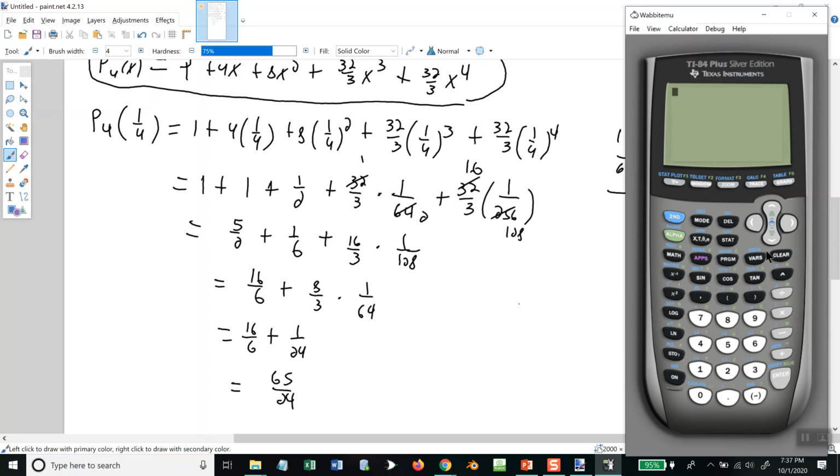You're going to find that doing it on the calculator is much easier. 1 plus 1 plus 1/2 plus 32 divided by 3 times 1 divided by 4 carried to the 3, plus 32 divided by 3 times 1 divided by 4 carried to the 4. Assuming I typed it in right.